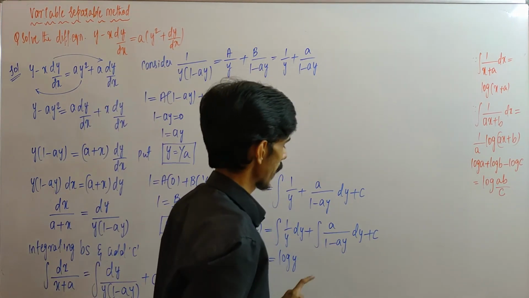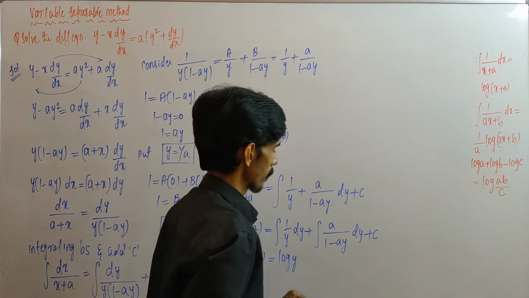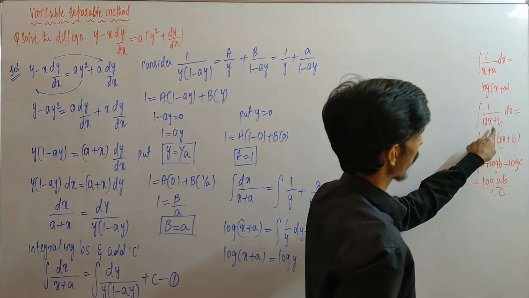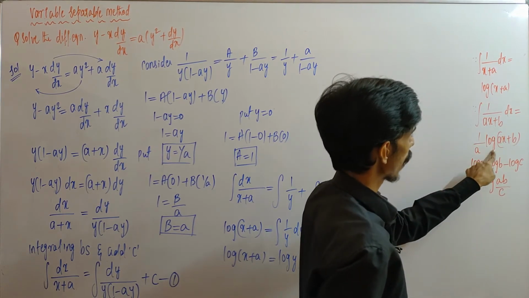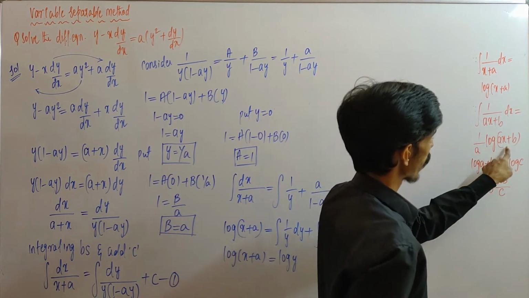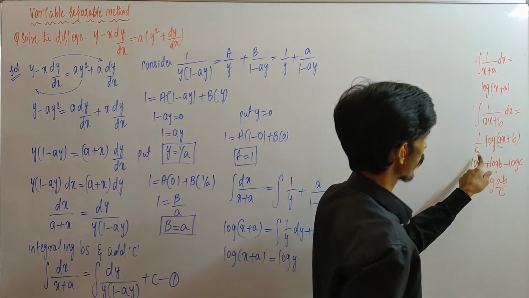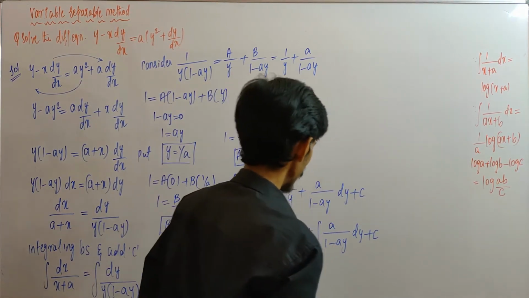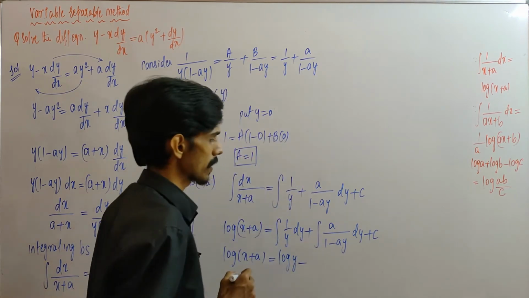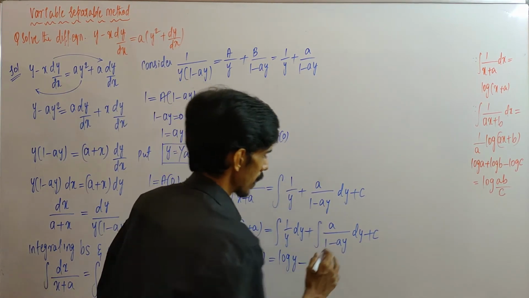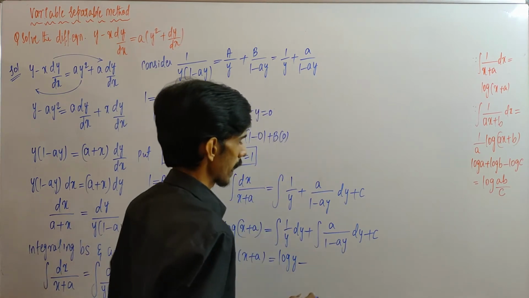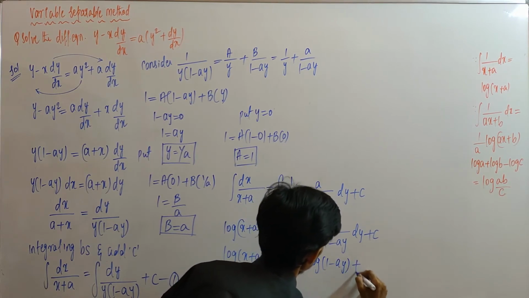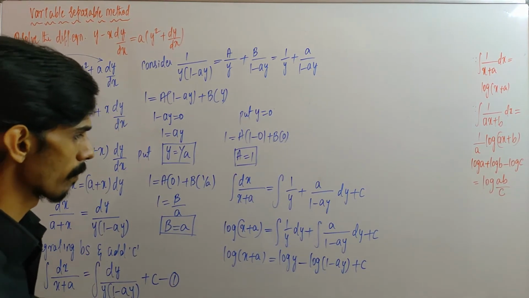Now here we have constant a and 1 minus a y, where the coefficient of y is minus a. Look at here: integration of 1 by ax plus b dx has the value 1 by a log ax plus b, that is, log of the denominator divided by the coefficient. So here we have coefficient minus a, so the value of this will become minus log of the denominator, 1 minus a y, plus c.